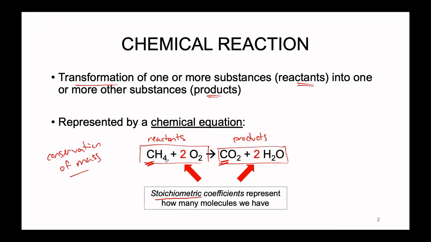Similarly, we start with 4 hydrogens, and we end with 4 hydrogens. Each individual molecule of water contains 2 hydrogens, and we have 2 molecules of water. This means that we have 4 total hydrogen atoms across the entire product side. Last but not least, we have 4 total oxygen atoms.